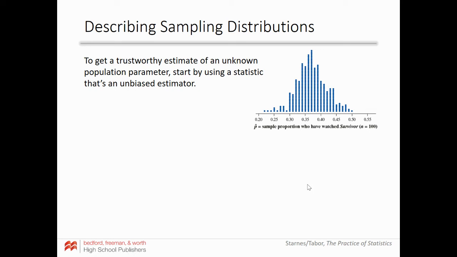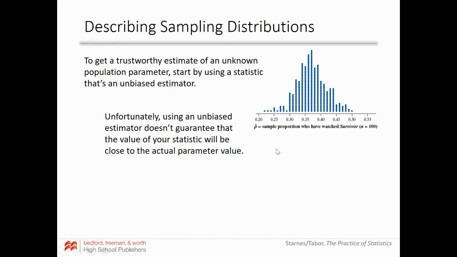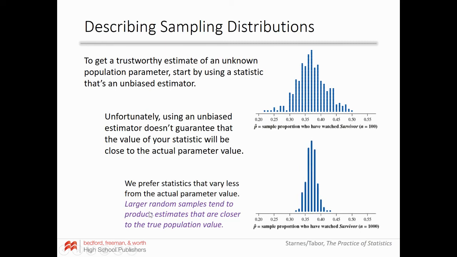So to get a trustworthy estimate of an unknown population parameter, start by using a statistic that is an unbiased estimator. Unfortunately, using an unbiased estimator doesn't guarantee that the value of your statistic will be close to the actual parameter value. We prefer statistics that vary less from the actual parameter value.